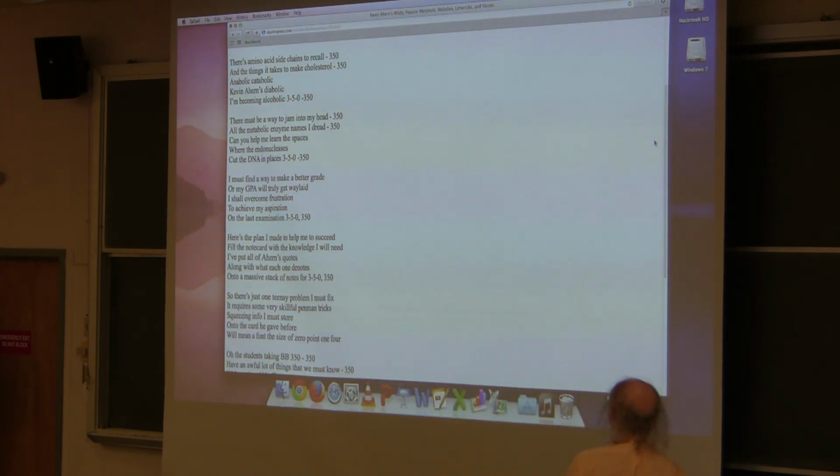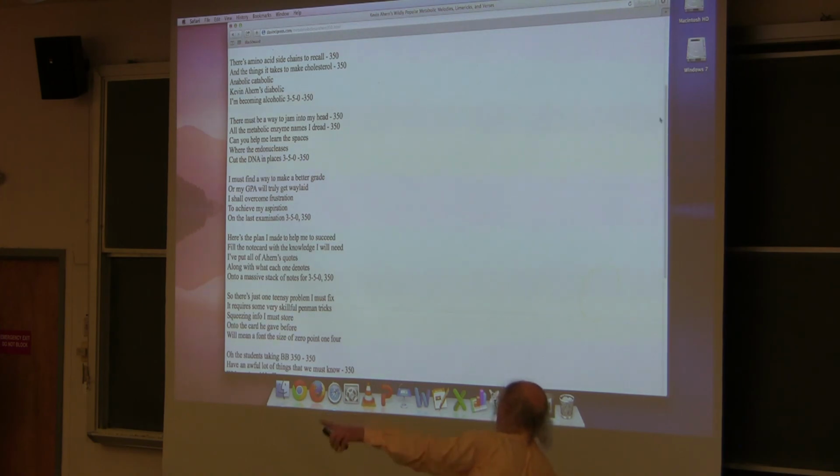There must be a way to jam inside my head all the metabolic enzyme names I dread. Can you help me learn the spaces where the endonucleases cut the DNA in places? 350. I must find a way to make a better grade, or my GAD will truly get waylaid. 350. I shall overcome frustration to achieve my aspiration on the last examination.